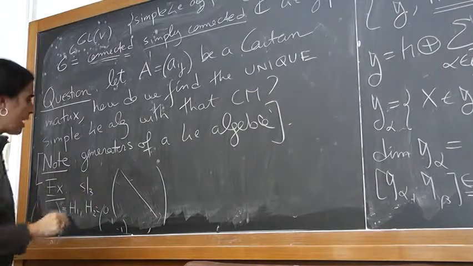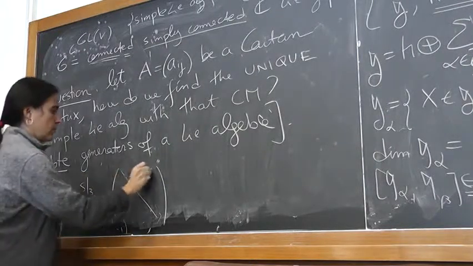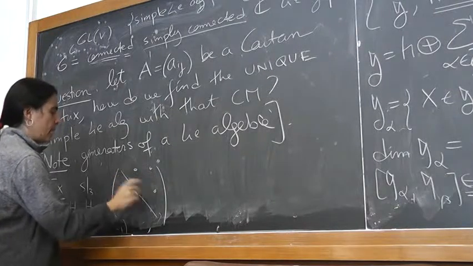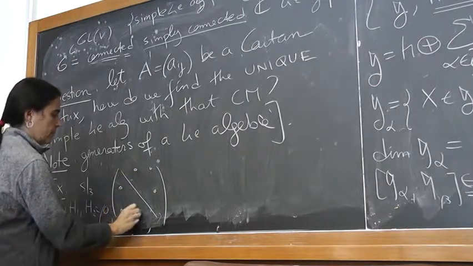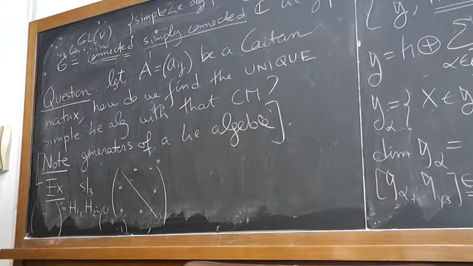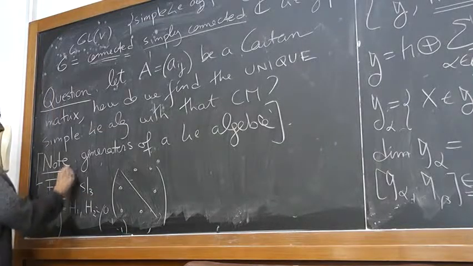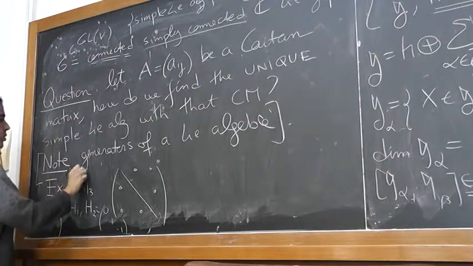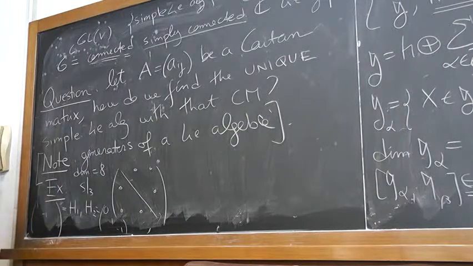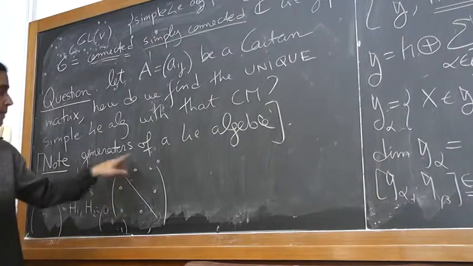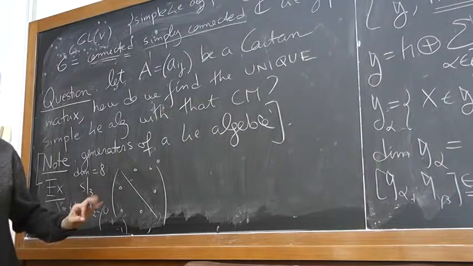Then you have 3 elements here and 3 here. Okay? So the basis of SL3 is dimension 8. So dimension is 8, right? Because it's the 3 by 3 matrices with a trace condition.